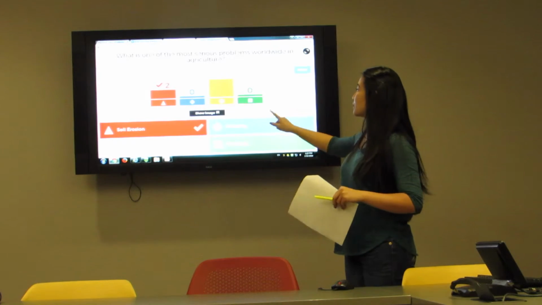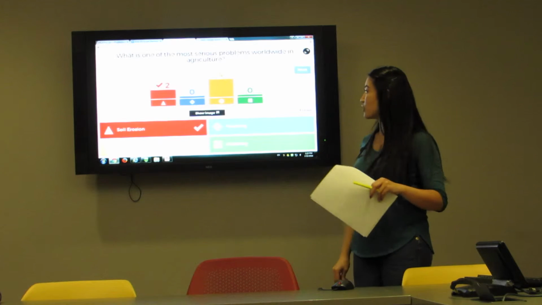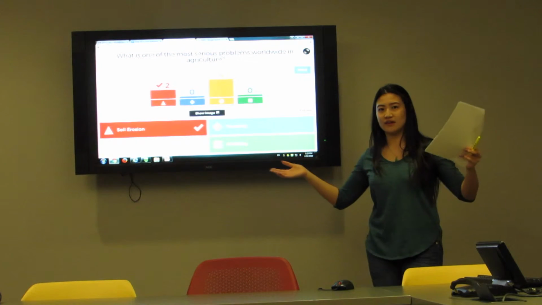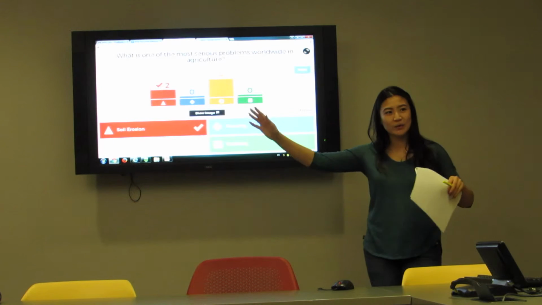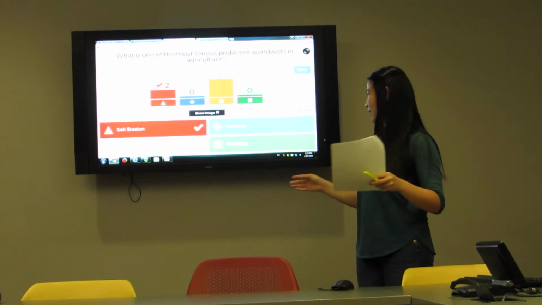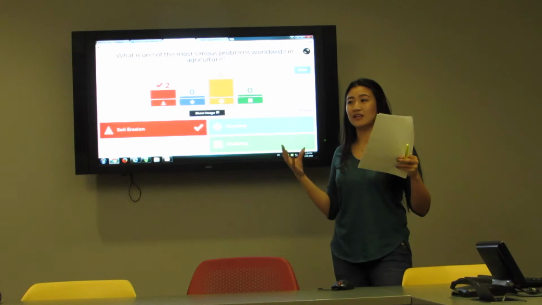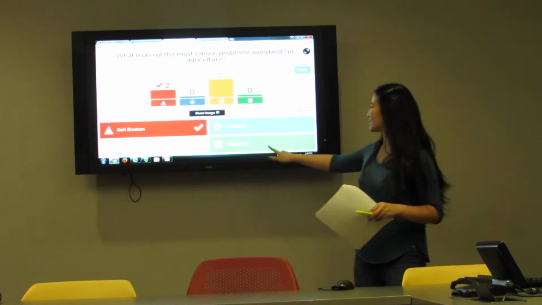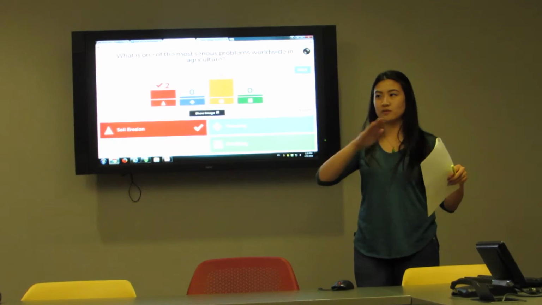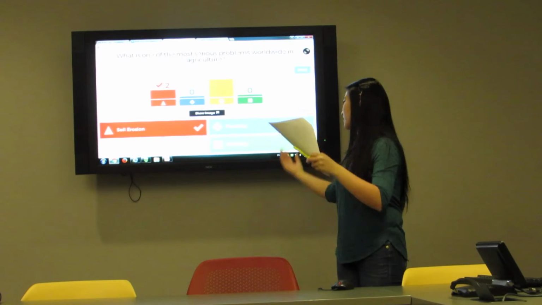But soil erosion is one of the most serious problems worldwide in agriculture. This is because wind can take away the soil so fast, it can be pushed away, it can be blown away, it can go anywhere. Whereas drought is only if the climate is super dry. And skidding, if you're wondering what that is, it's when they're cutting down trees and they put all the logs into one central area. That's what skidding means.